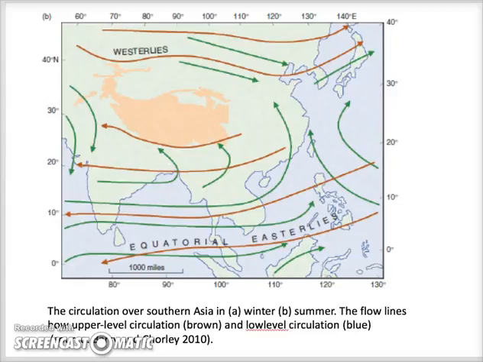At low levels, warm, moist southwesterlies flow over the Indian Ocean and push northeastwards toward India.